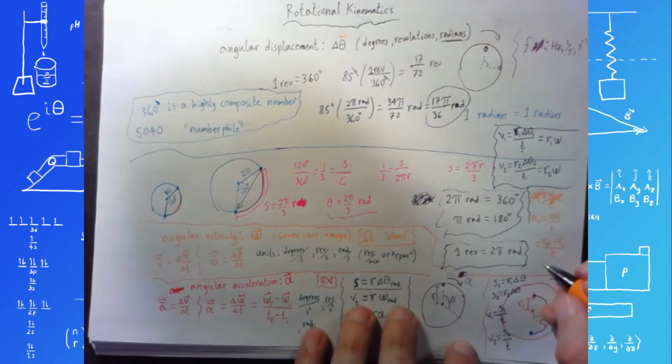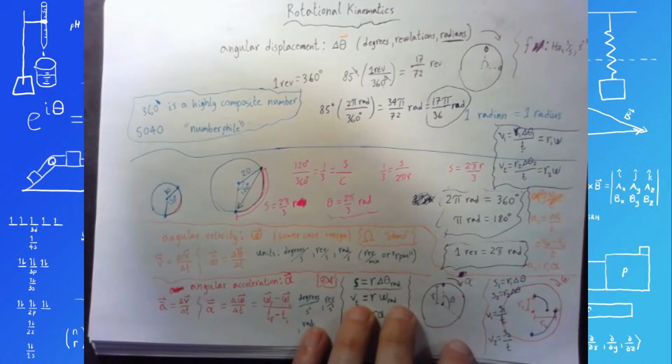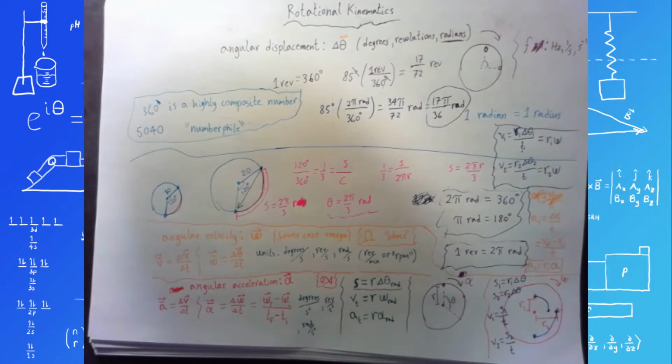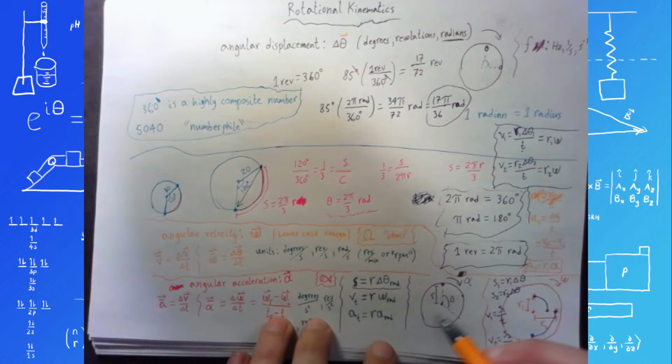You can factor out the R from that, and you get A1 equals R1 times omega 1 final minus omega 1 initial over time. That is just going to be the angular acceleration. And then you could do similar for object 2. Yeah, I don't know what I was trying to do over there. I was overthinking this.